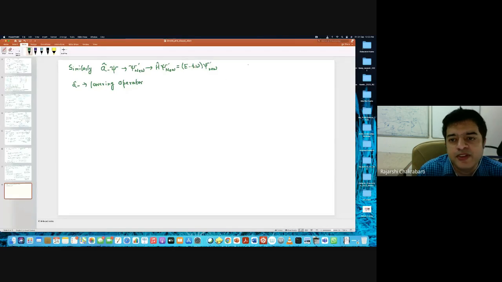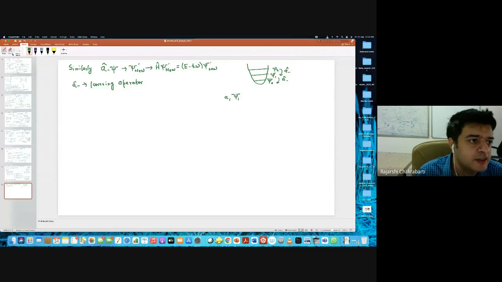So basically the picture is, this is psi 0, psi 1, psi 2. So if this will lower, if it operates on psi 2, then what should I get? Psi 1.